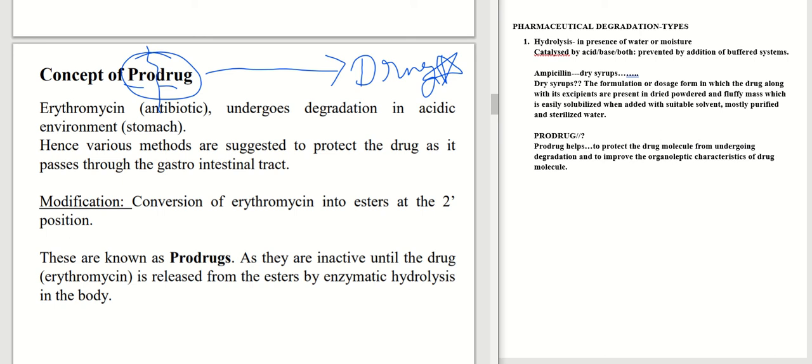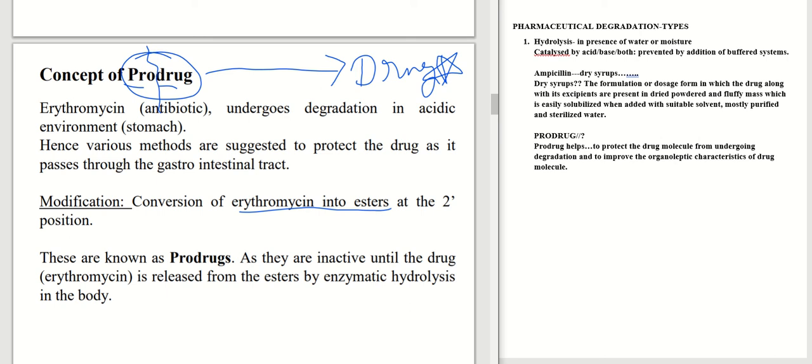First one is the erythromycin antibiotic. It actually undergoes degradation in the stomach. So how can we improve or protect this erythromycin from getting exposed to intestinal tract juices? We will be converting that erythromycin into an ester form at the secondary position.